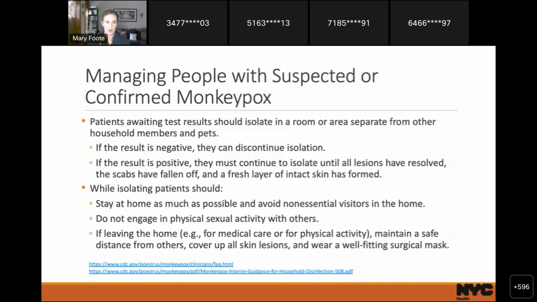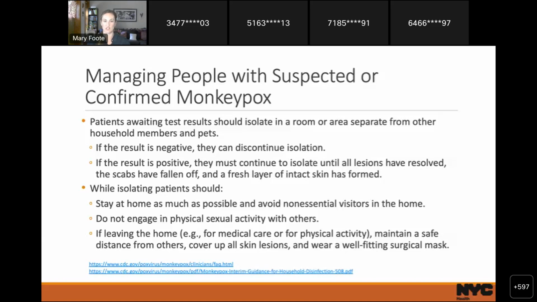When isolating at home, confirmed positive patients should stay home as much as possible and avoid non-essential visitors in the home. Unfortunately, this is all instructions we're very well familiar with at this point. Be advised not to engage in physical sexual activity with others. If leaving the home for medical care or physical activity, please maintain a safe distance from others.